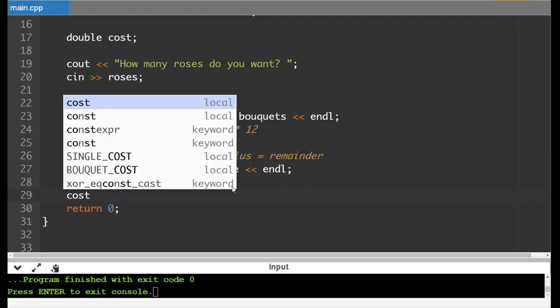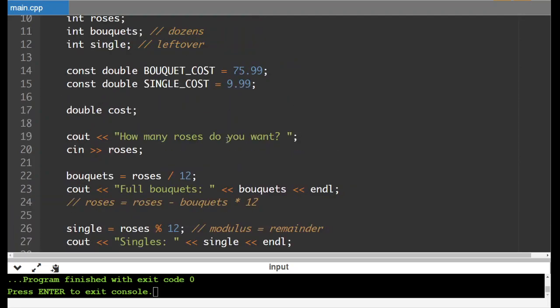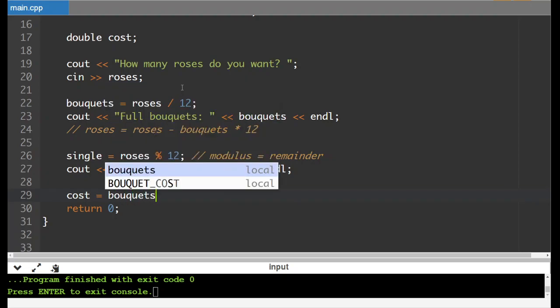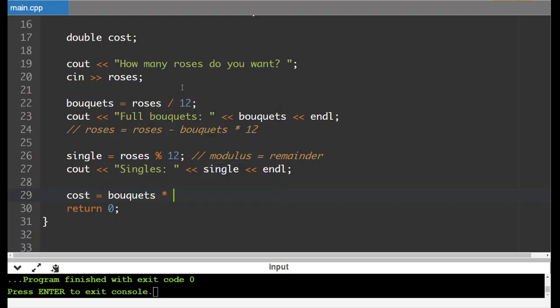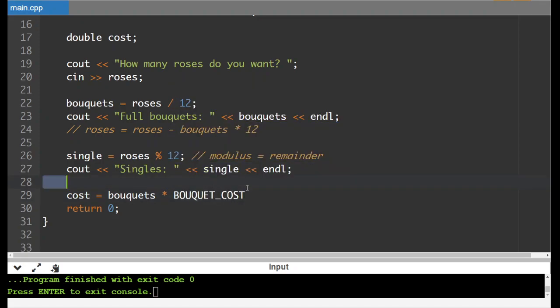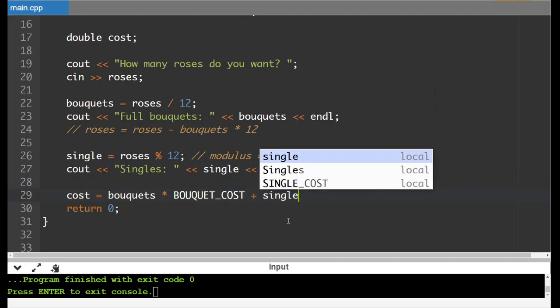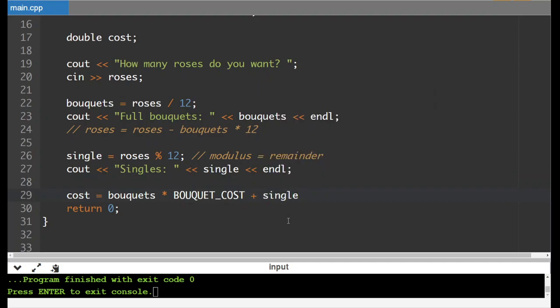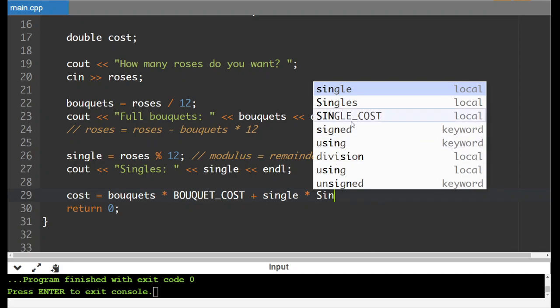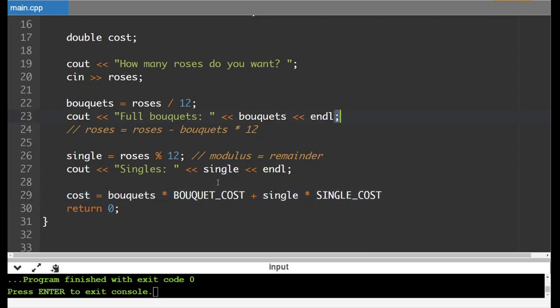So we're going to make the cost equal to how many bouquets of roses we have multiplied by the bouquet cost. I'm going to use the little drop down. And then we're going to add on the amount of single roses multiplied by the single cost. There we go.